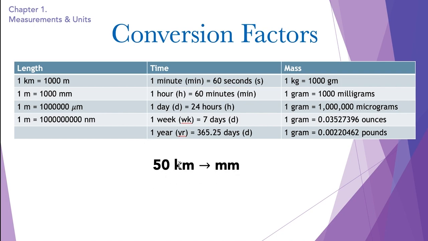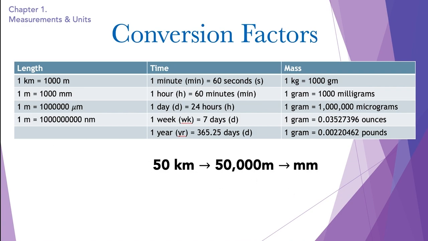So say for example, I have 50 kilometers and I want to convert it into millimeters. So I first convert the 50 kilometers into meters. So 50 kilometers into meters is how much? We just worked it out a minute ago. It is 50,000 meters.